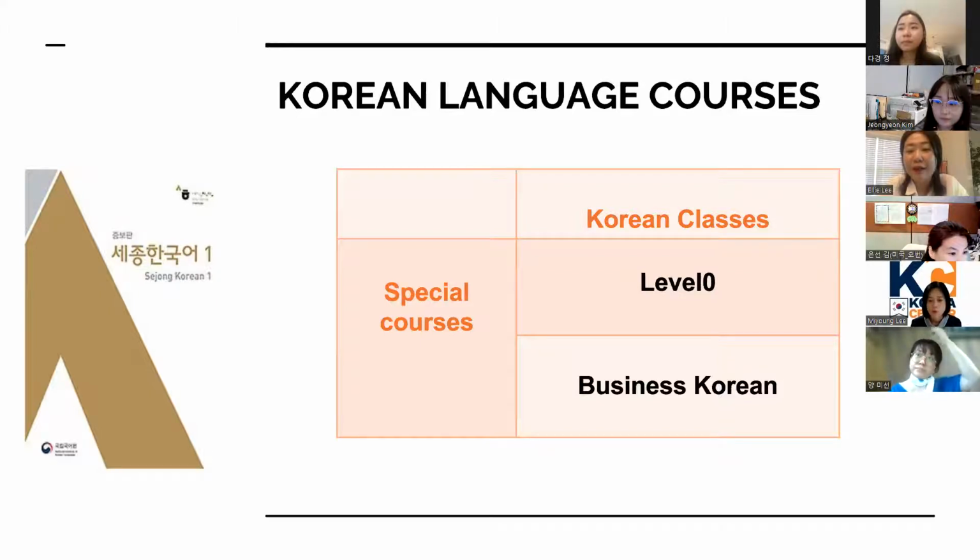Our October session, I believe we're still accepting, right, Ms. Kim? Yes, so if you know anybody who's interested, please share this information with them and have them email us, and we can register them for our level 0 classes. And all our level 0 classes are virtual this semester, so hopefully they can take advantage of this.